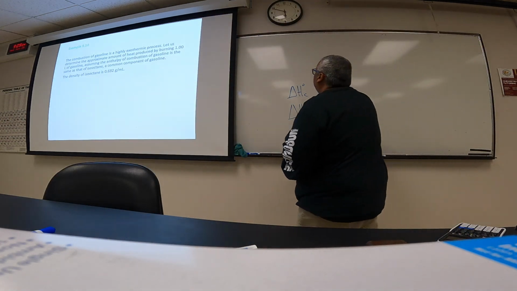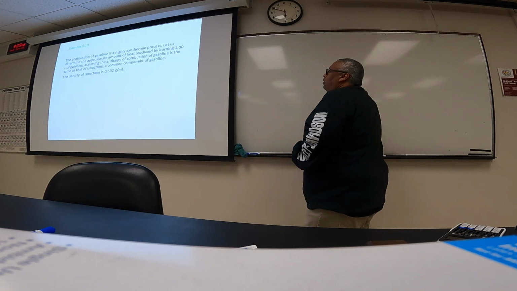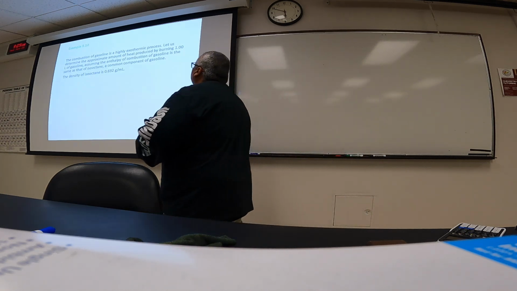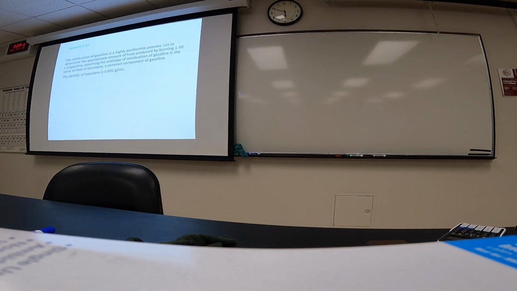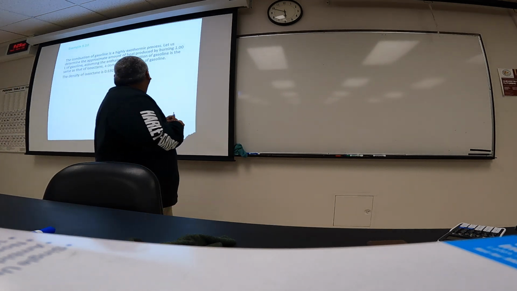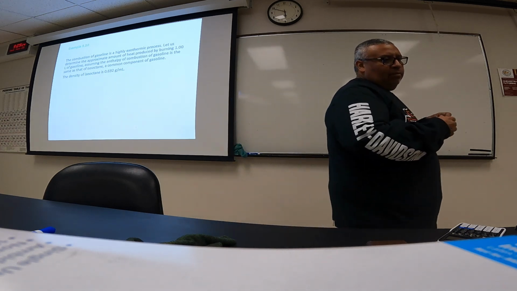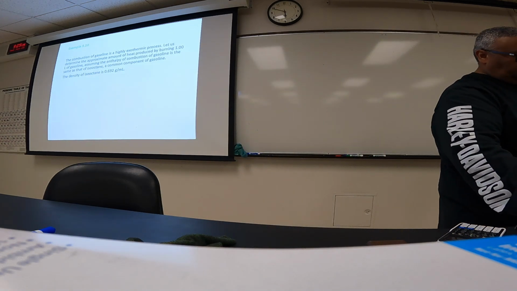These are probably one of the last couple of problems I have here. The combustion of gasoline is an exothermic process. Determine the approximate amount of heat produced by burning 1 liter of gasoline, assuming the enthalpy of combustion of gasoline is the same as isooctane, and they give us some values.